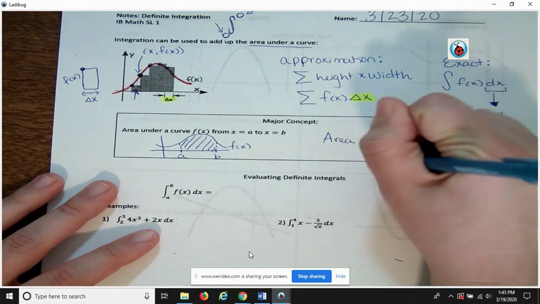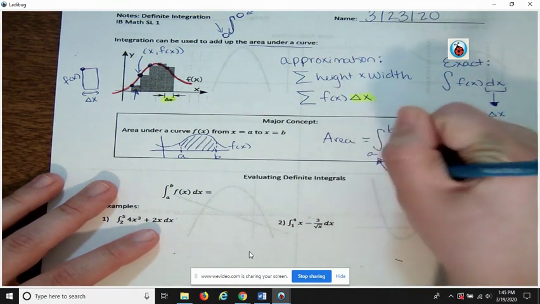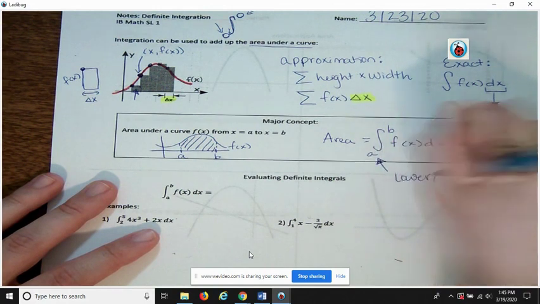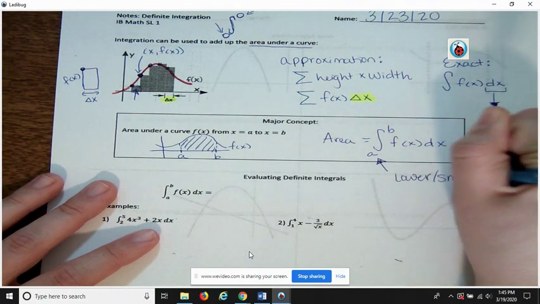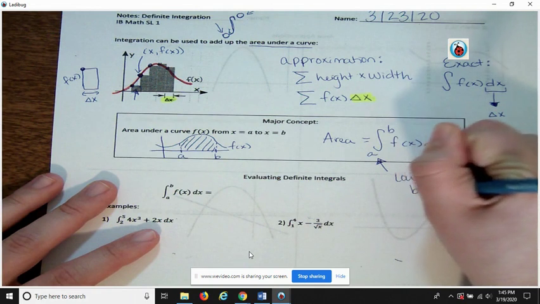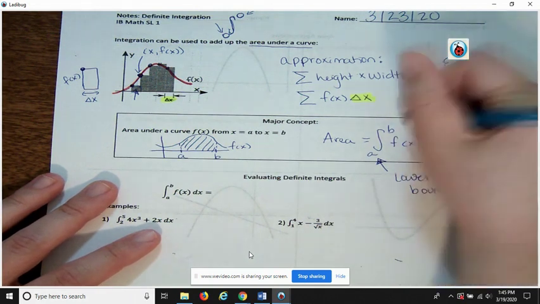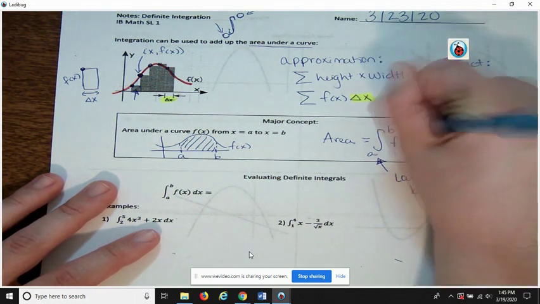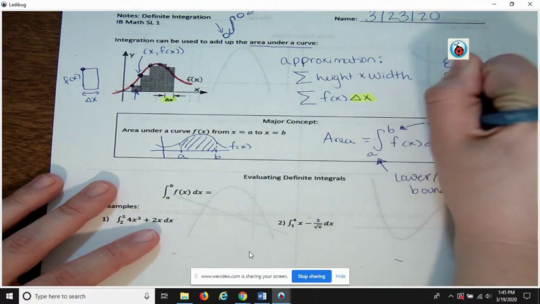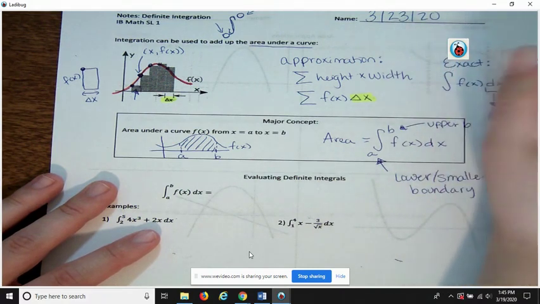This is our lower, smaller boundary, and this is our upper, or bigger, boundary.